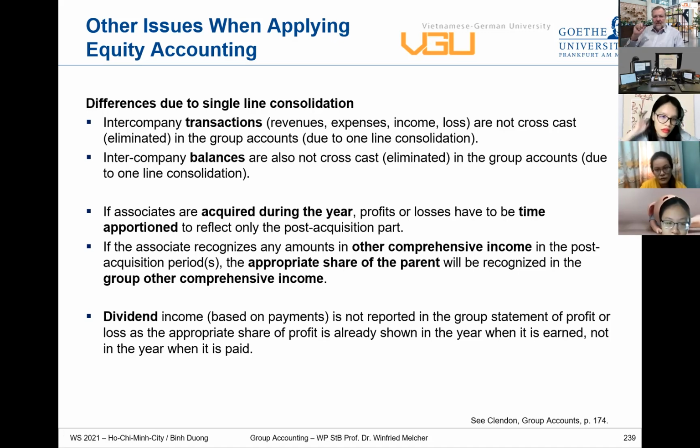Then the profits that will be shared by the parent, by the group, will have to be related to the post-acquisition part only. So we have to time apportion the profits or losses that the group will get from an associate.